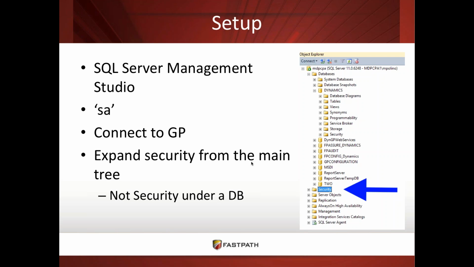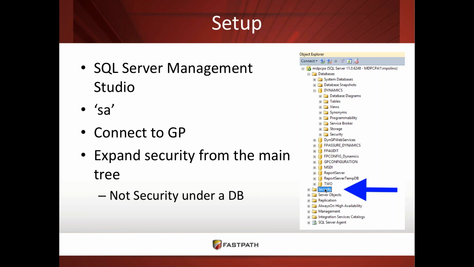So you're going to go to SQL Server Management Studio. We'll say that you'll log in as SA, connect to GP. So this is my GP server, MDP CPA. You're going to skip this whole database section. You're going to skip this security under databases, and you're going to go straight to security here.